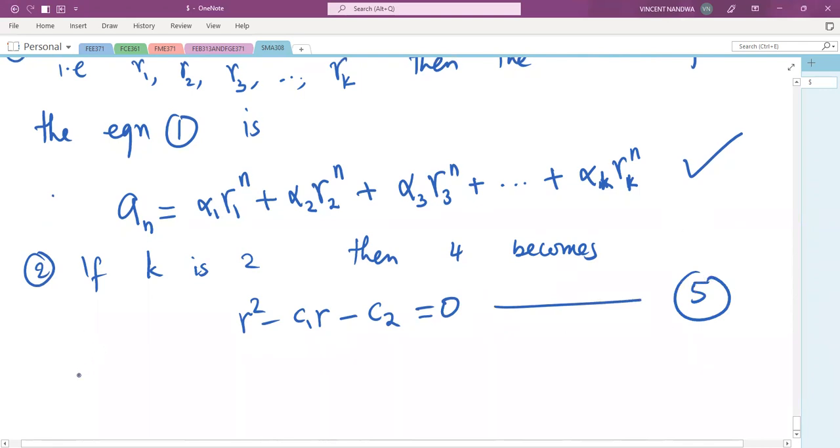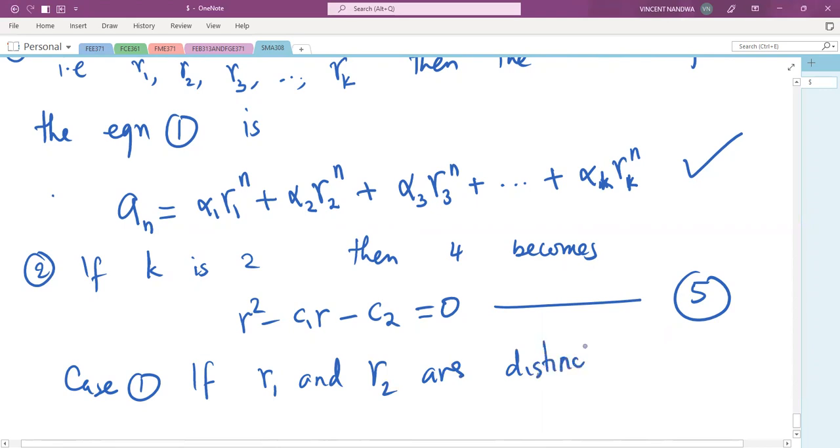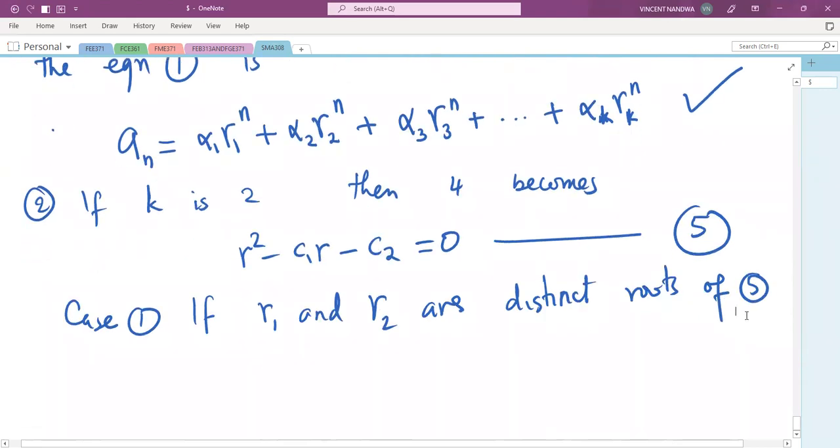And then case 1: if r1 and r2 are distinct roots of 5, then the solution.